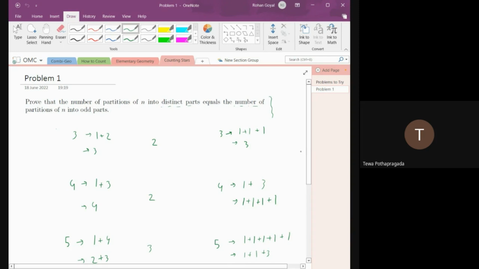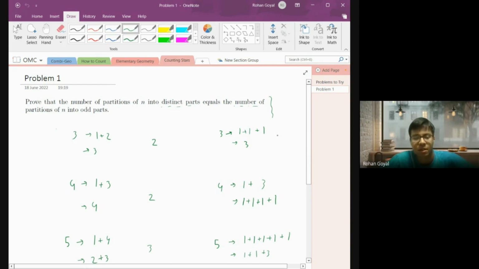I haven't got it working exactly yet, but that's what I was doing. Should I explain the diagram? No, you don't need to explain the diagram. I'm curious how you were trying to create the bijection though.